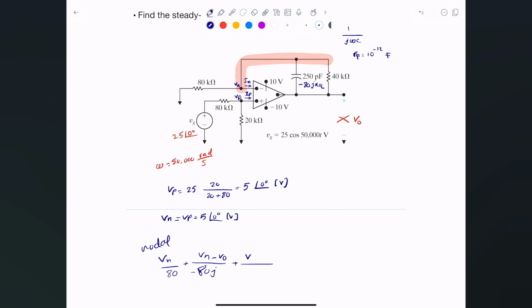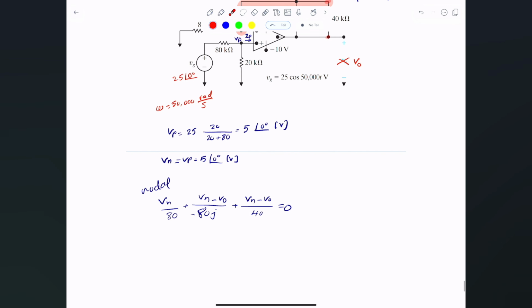Plus I will have V of N minus V naught divided by 40 kilo ohm equals 0. This term here corresponds to the current flowing through the capacitor. It's V of N minus V naught divided by negative 80J, because I'm dealing with impedances as resistance, and the same goes for the 40 kilo ohms. We have V of N in here, V naught in here.